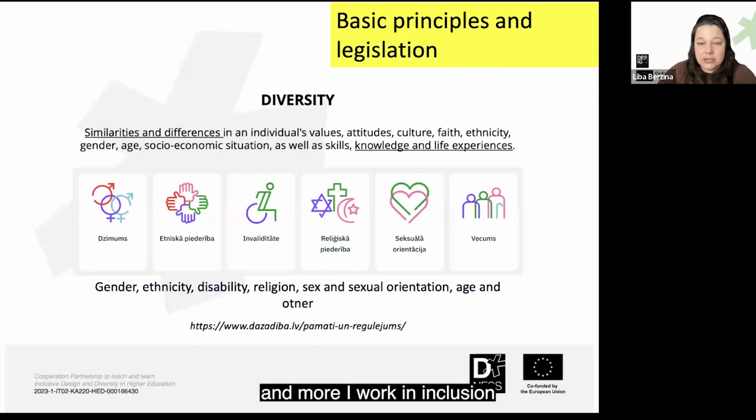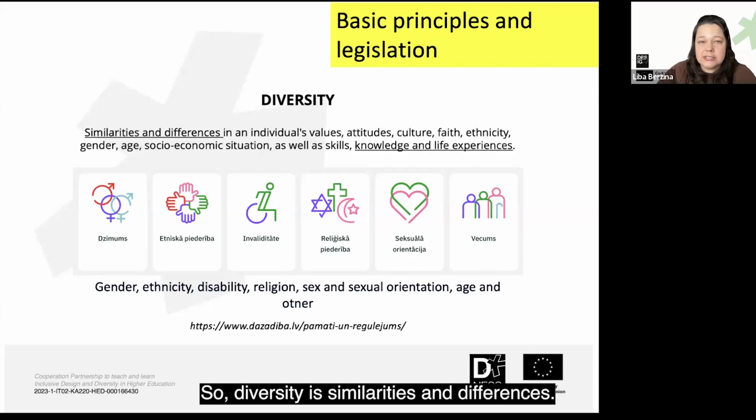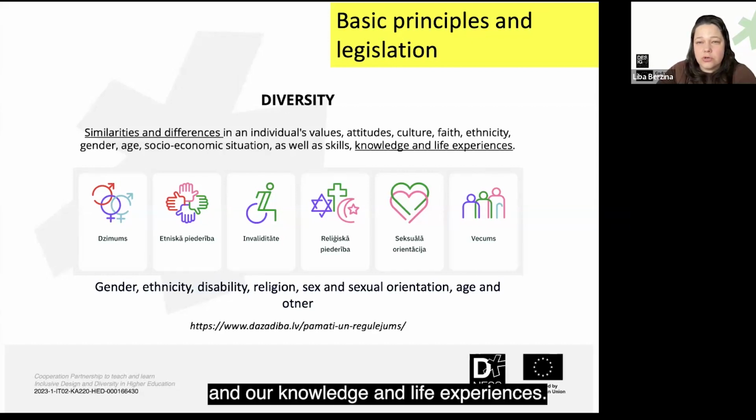And the more I work in inclusion, the more I realize it's about diversity in general. So diversity is similarities and differences in our values, culture, gender, and our knowledge and life experience. So we have different experiences.